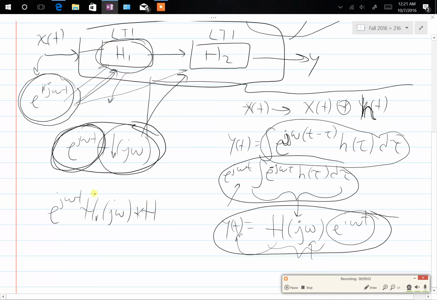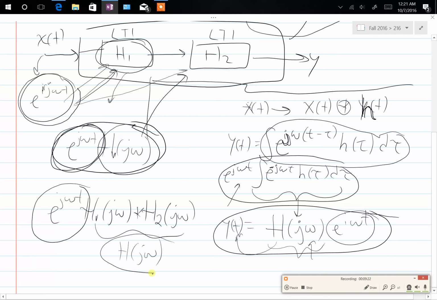That means it'll just be equal to the eigenfunction times the new constant, which is the new constant I get by passing it into the second system. Yeah, H2, right? Yeah, H2. I can, if I really want to, for some reason, write this as the H of j omega total, which I define to be equal to passing the input onto the cascading system.